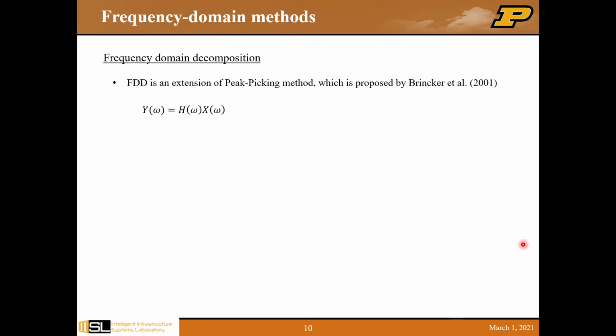Okay, and assuming that the entire process is stationary, we can obtain the power spectral density of the output, which is actually equal to H star of omega, which corresponds to the complex conjugate of the H function, times the power spectral density of the inputs, times the H transpose of omega.